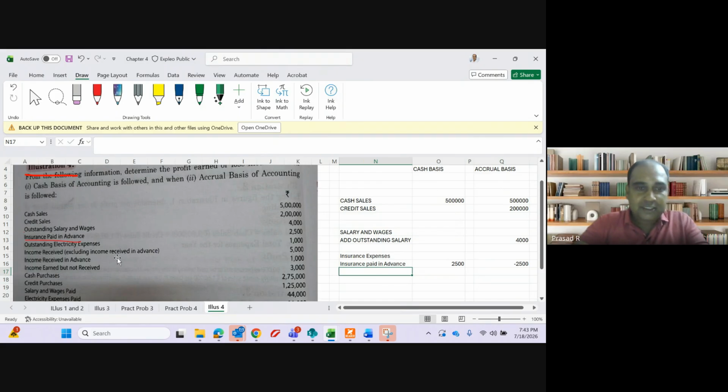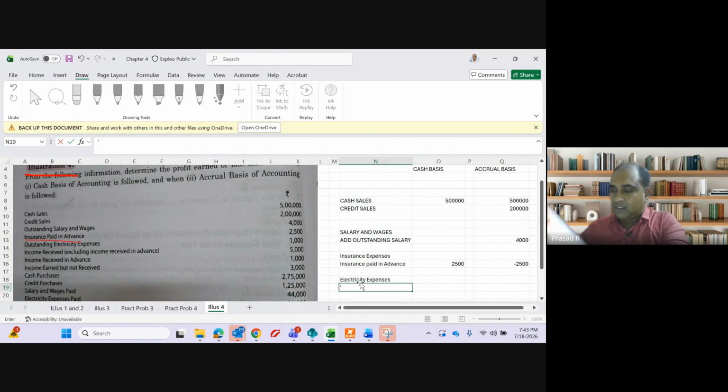Sorry, outstanding electricity expenses. There is one more expense, electricity expenses, and there is an outstanding electricity expense. So what we have to do?